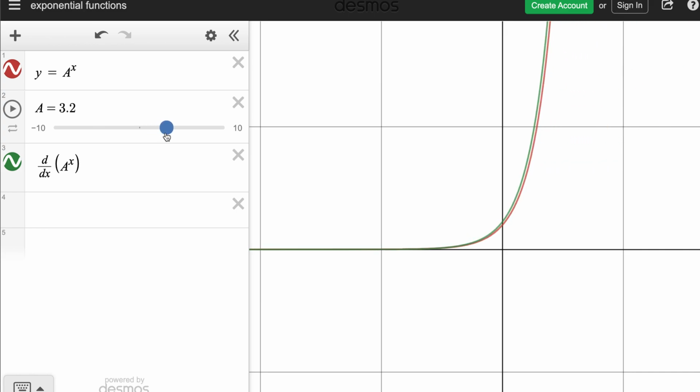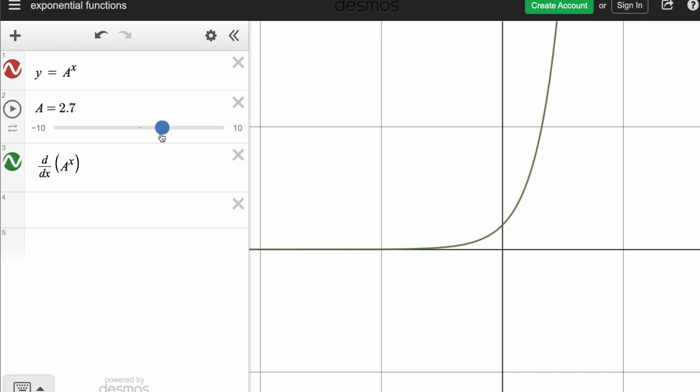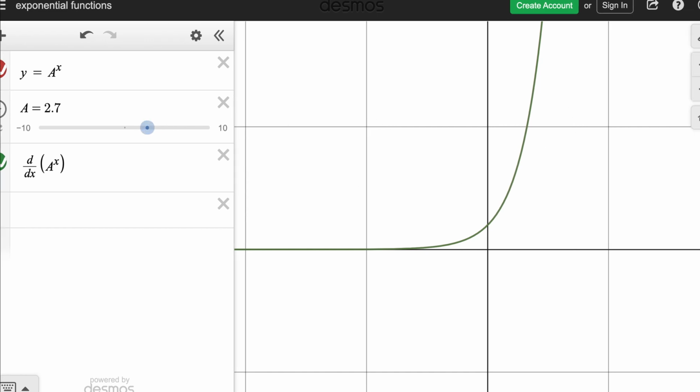What happens when I take A to like 4? Well, it's gone past it. It's increasing faster than the original function. When I take it back down to 2, it's not increasing as fast as the original function. Where's that crossover? Looks like it's roughly at 2.7. Can we do better than that? Let's try and zoom in.